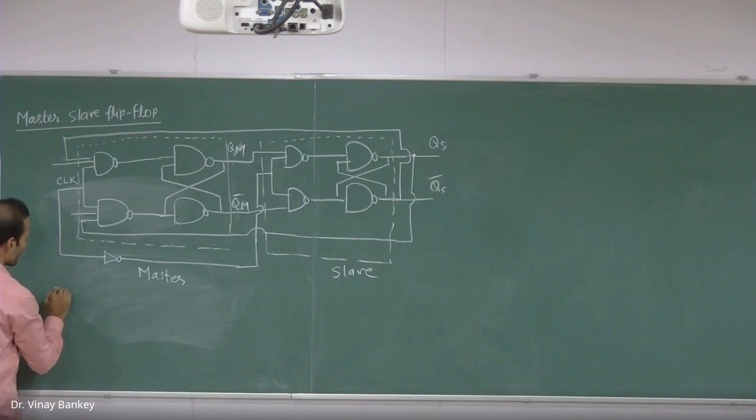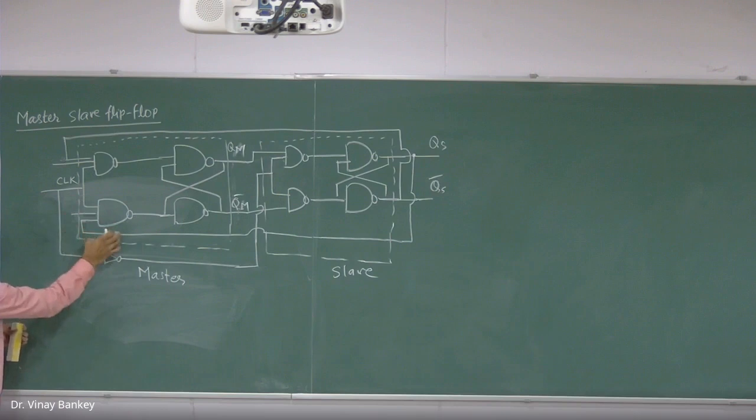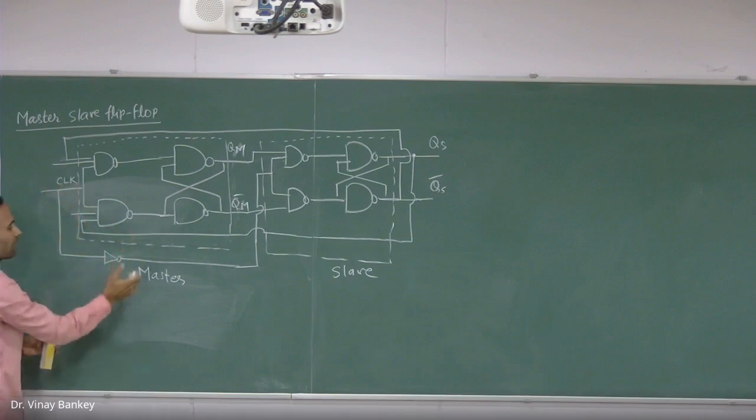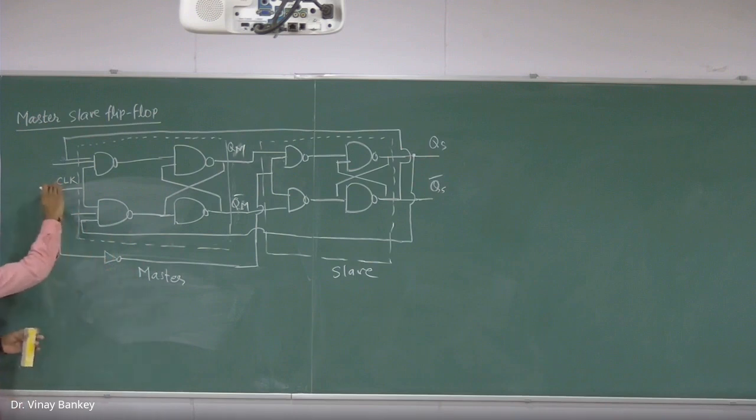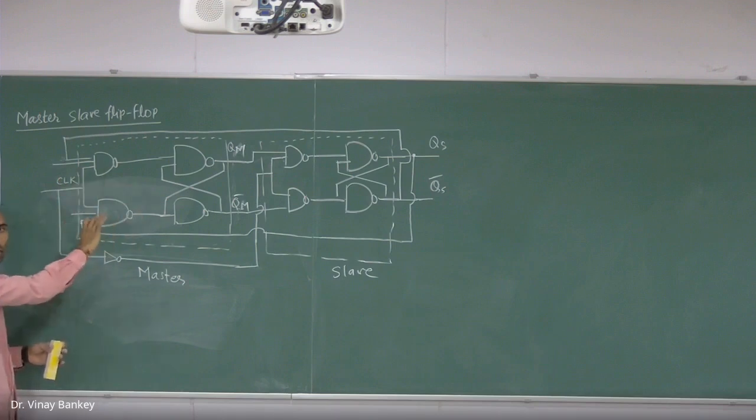So now let us consider a few things. Because this is connected in this fashion, the first one, the master, is directly connected to the clock pulse. However, our slave is connected by a NOT gate. So whenever there is a high in the clock pulse, the master circuit will be active.